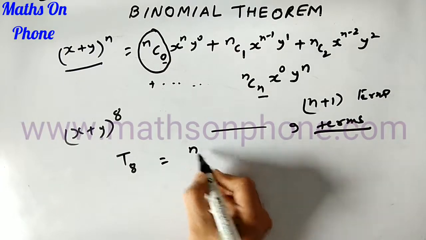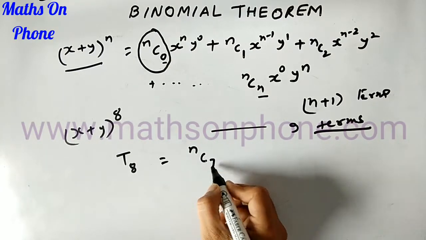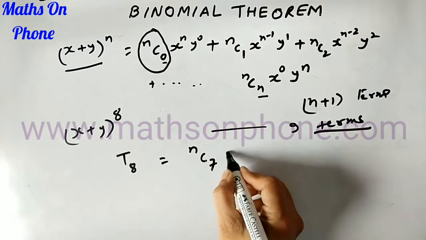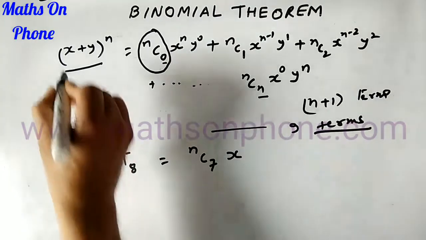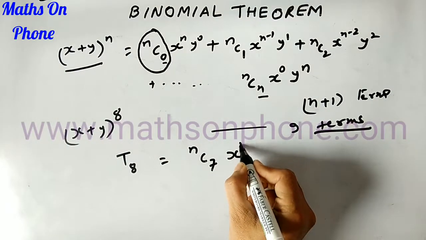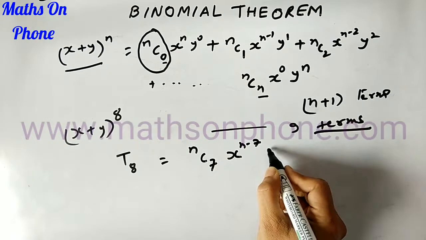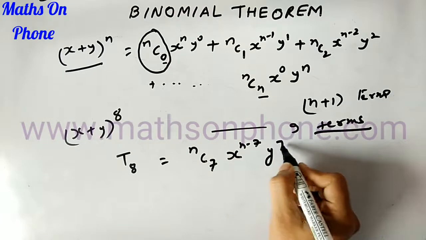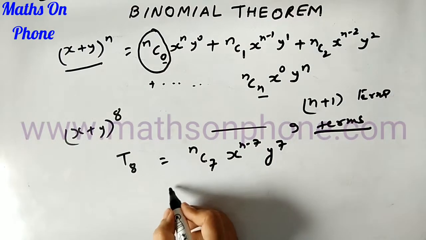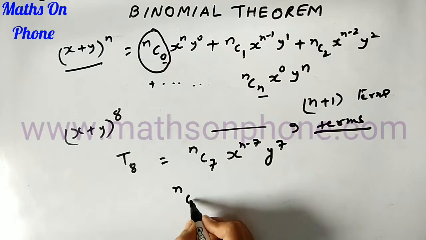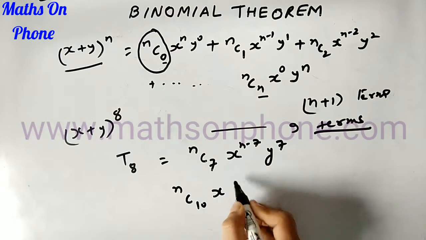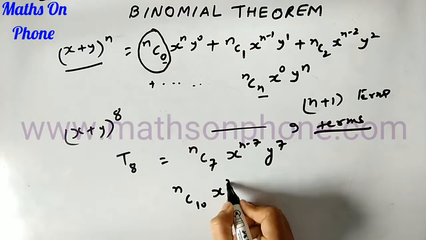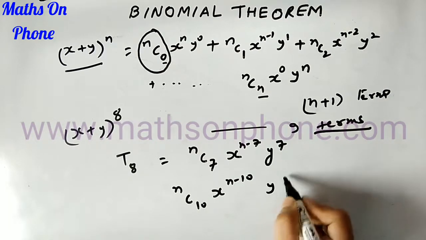It will be nC7. If it is nC7, then power of x, that is the first term, will be n minus 7 and the power of the second term will be 7. Next, if I ask if it is nC10, x to the power, of course, what will be? n minus 10 and y to the power 10.